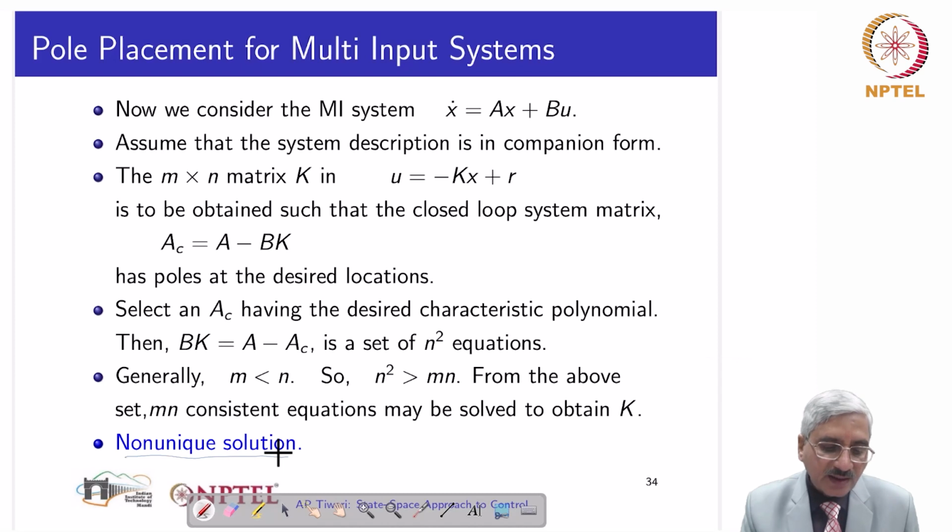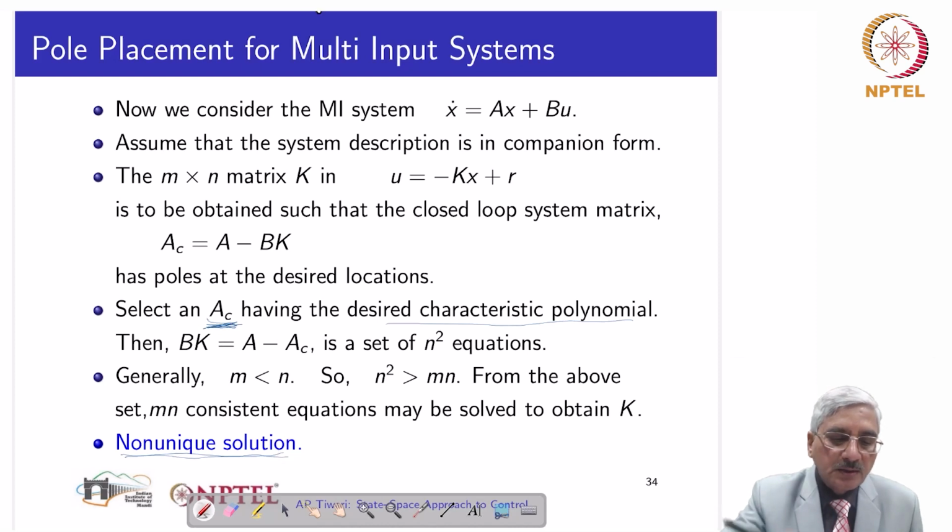Second thing is that one can find different ACs which will all have the same characteristic polynomial. So there is no unique choice for AC. Multiple ACs will have the same characteristic polynomial, and so in the case of multiple input systems, in the design of state feedback gain, we have the possibility of a non-unique solution.